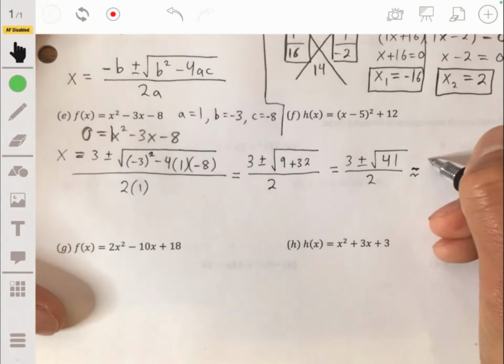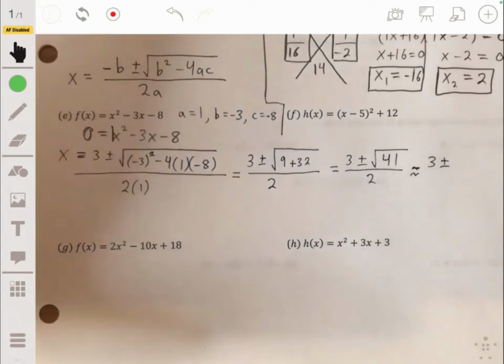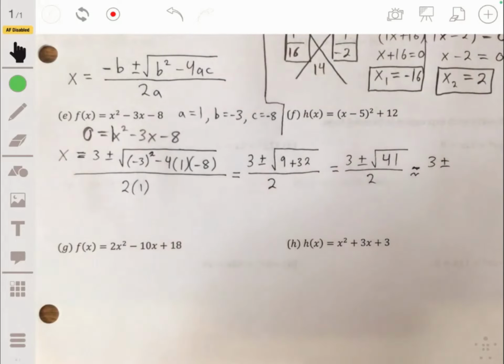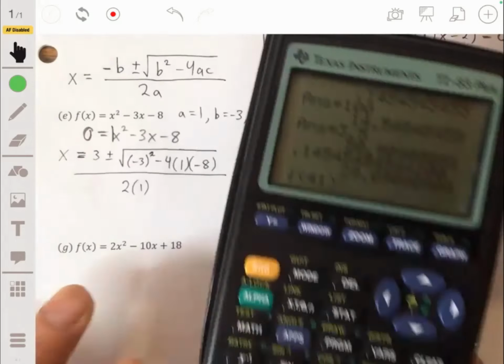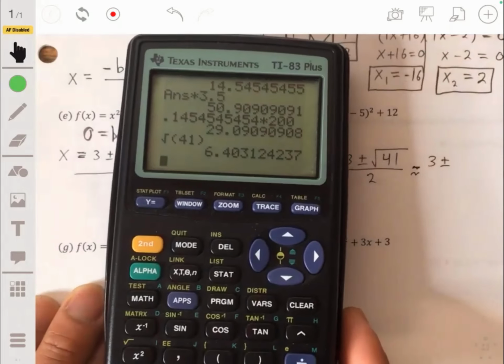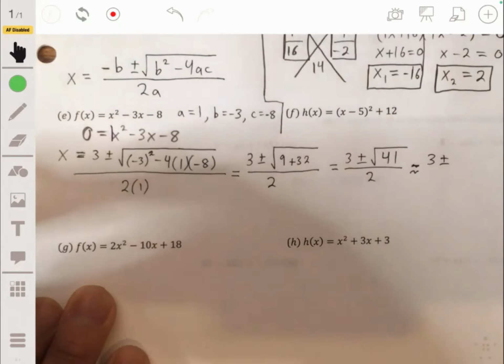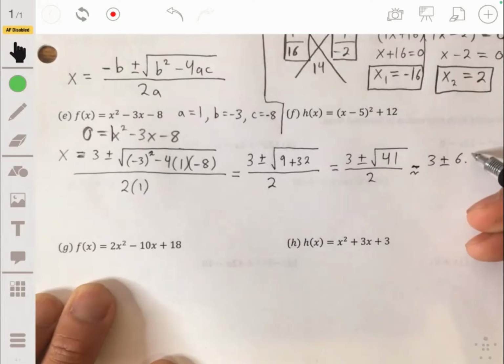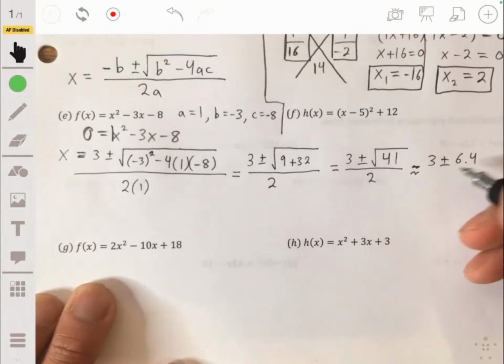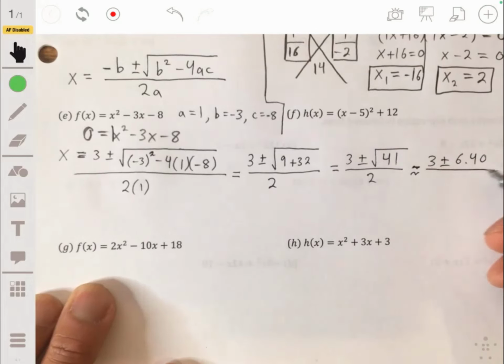Let's approximate the square root of 41. We'll get about 6.4. Plus or minus 6.4, all over 2.